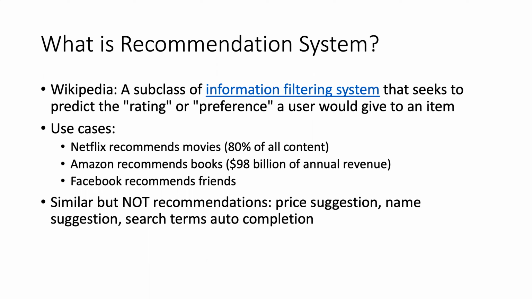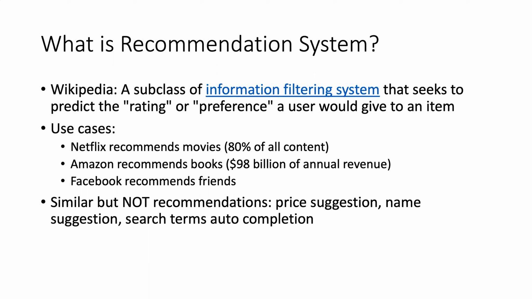By scoring them, then we understand, okay, some items have a higher score, some have a lower score. In that case, we can filter out those lower score items. And then for the higher score items, we recommend them to a user or to some people. So that is the purpose of a recommendation system.